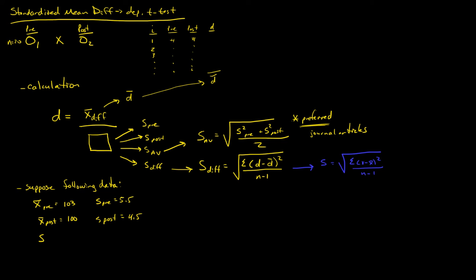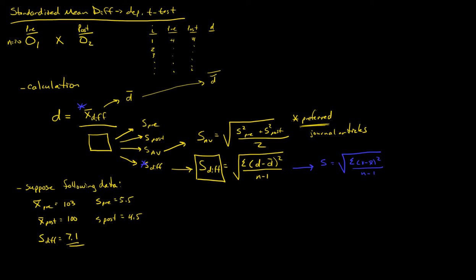We're not going to calculate it, but just say that this S diff was already calculated for us, and it was 7.1. So now we have everything we need. We have this value, and we have this value, which will just be the 103 minus 100.